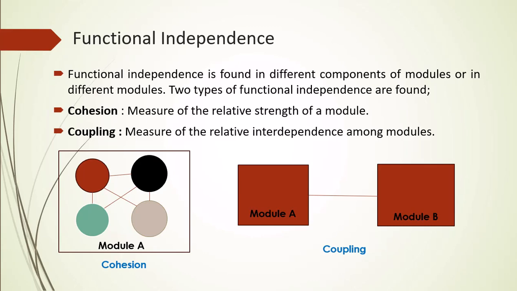If the software has more coupling as compared to cohesion, that is a bad approach to designing. While if the software has more cohesions as compared to the coupling, this means the cohesion to coupling ratio is higher, so that will be a good design.